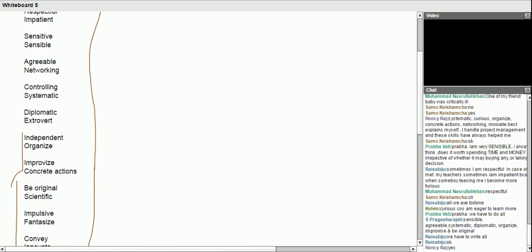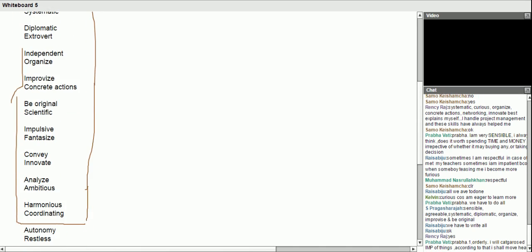Okay, yeah. From independent till harmonious and coordinated. Fine. So please finish it.